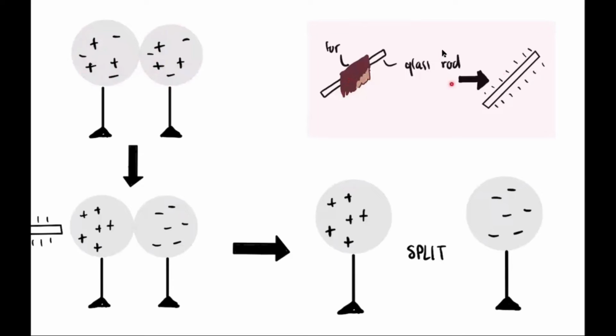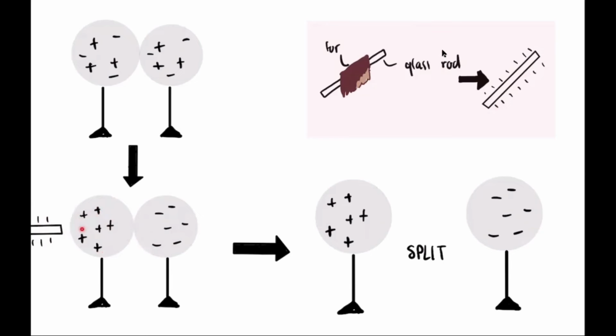Now, if you use a negatively charged insulator, for example, a glass rod, and put it beside these two spherical metals, nothing will basically happen. It's just that the electrons and the protons in these two metal spheres are going to be rearranged. Okay, they're going to redistribute.